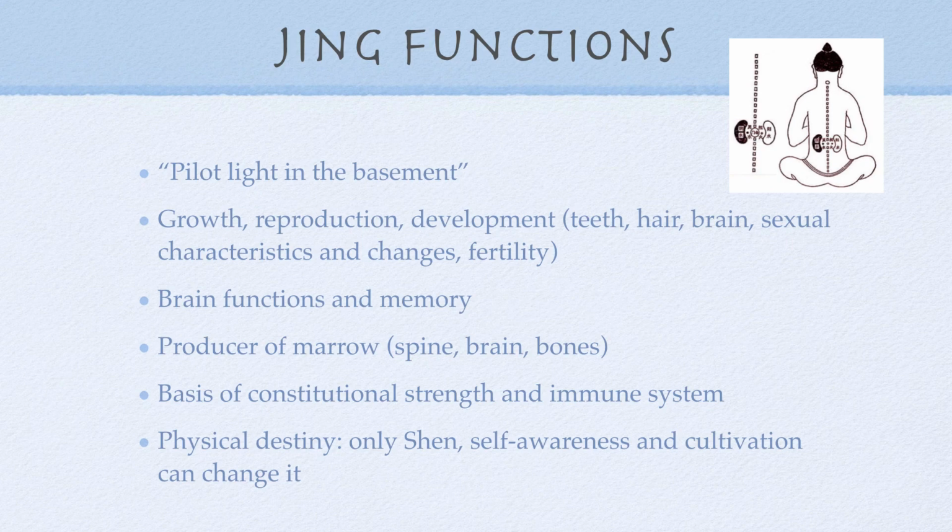Our fertility and reproductive abilities are also part of our Jing. Also linked to the Jing functions are brain functions and memory. So we could say, for example, some degenerative diseases like Alzheimer's or dementia are characterized by a loss of Jing.